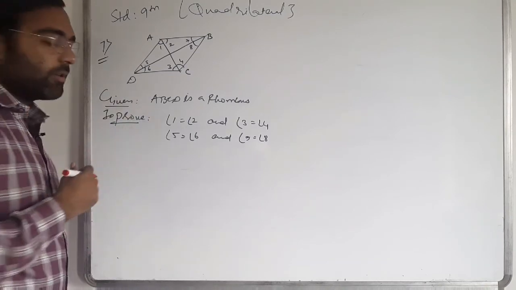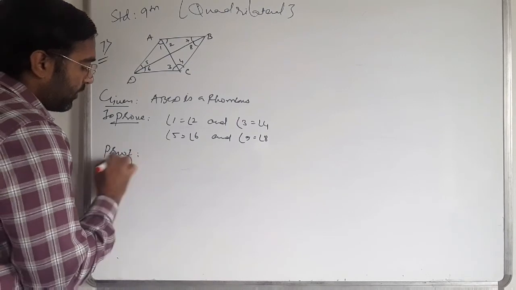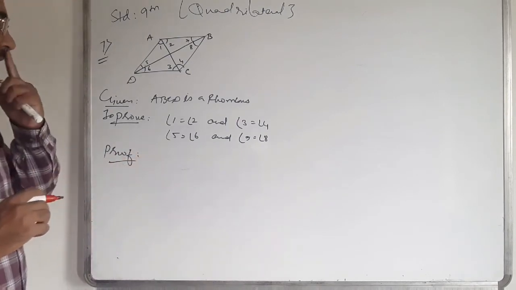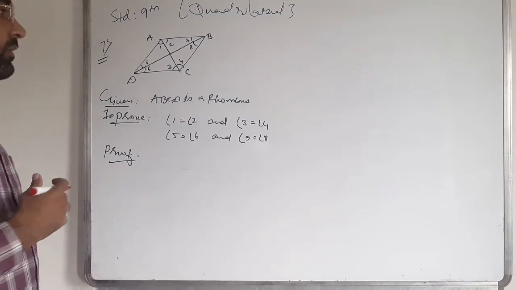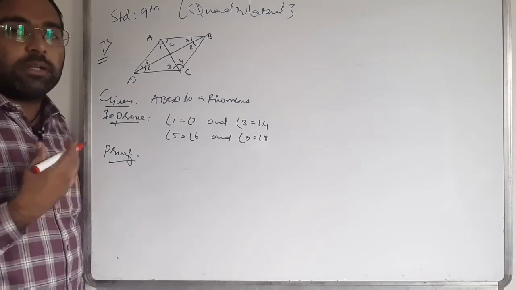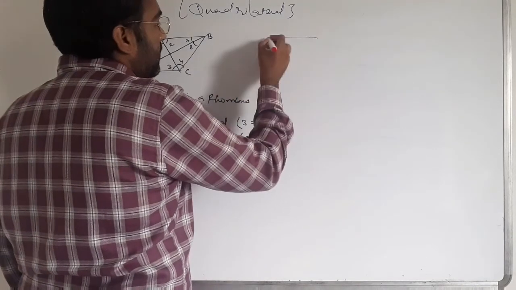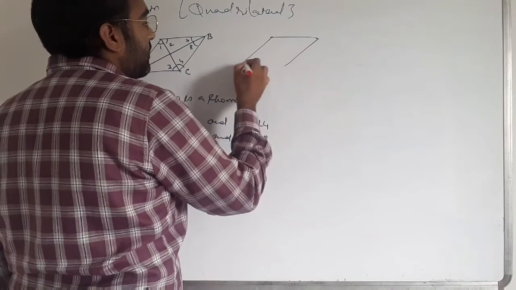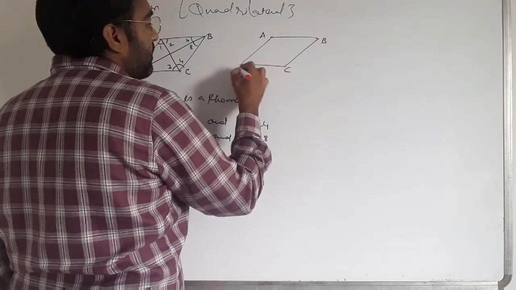As per the question, let's start the proof. First of all, we have to prove that AC bisects angle A as well as angle C. For that, we have to draw only the diagonal AC.